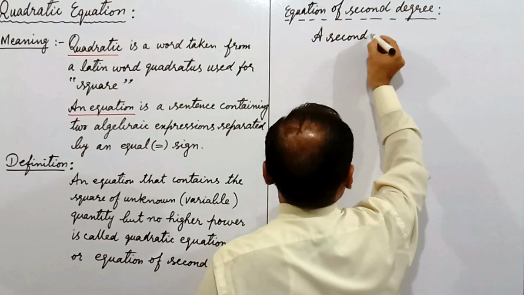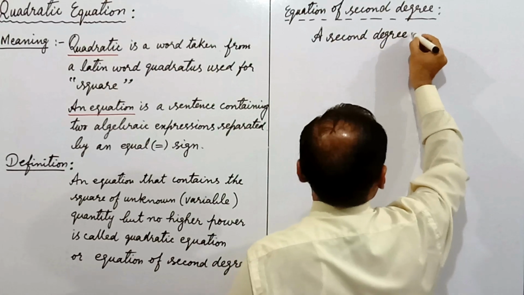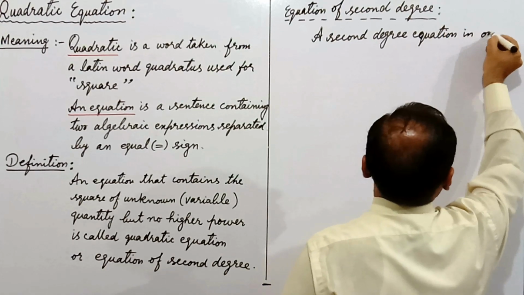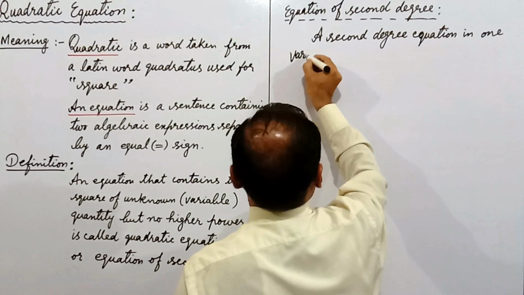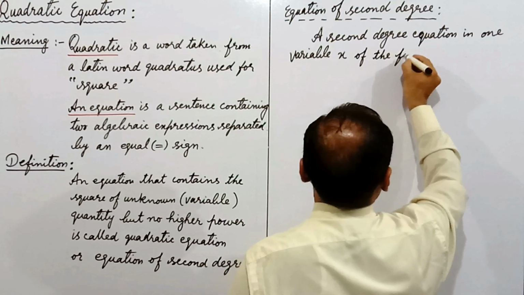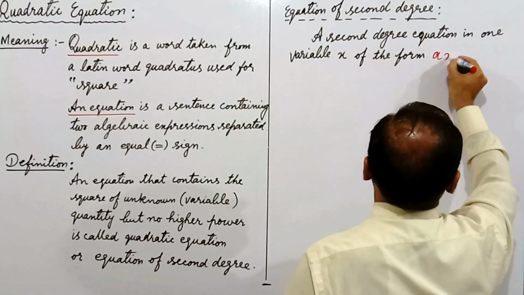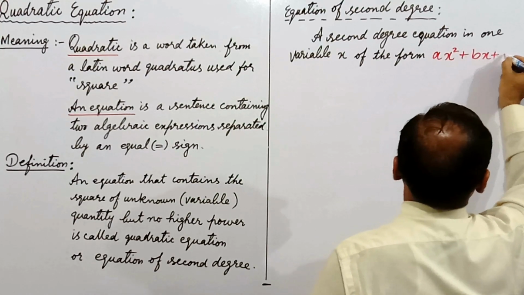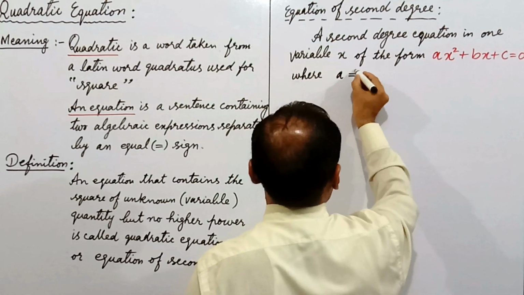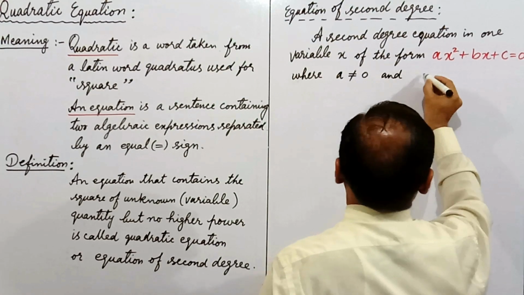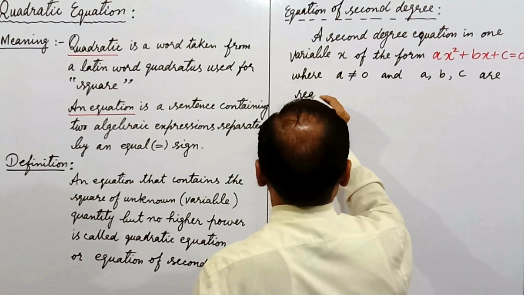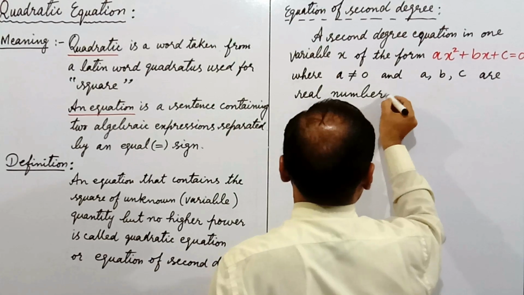A second degree equation in one variable x is of the form ax square plus bx plus c is equal to 0, where a should not be equal to 0 and a, b, c are real numbers.